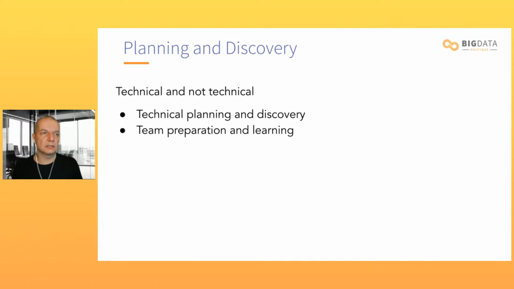And the thing that I think we all should be aware of when it comes to all this execution phase and planning is that we need to, first of all, do the technical planning. So analyze what we are using currently, what's our indexing, how the documents look like, what's our user behavior, how our queries look like, and so on and so forth. Pure technical stuff, let's put it that way.